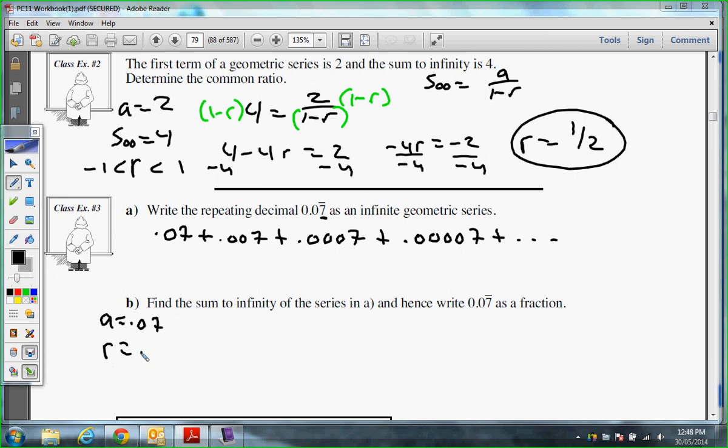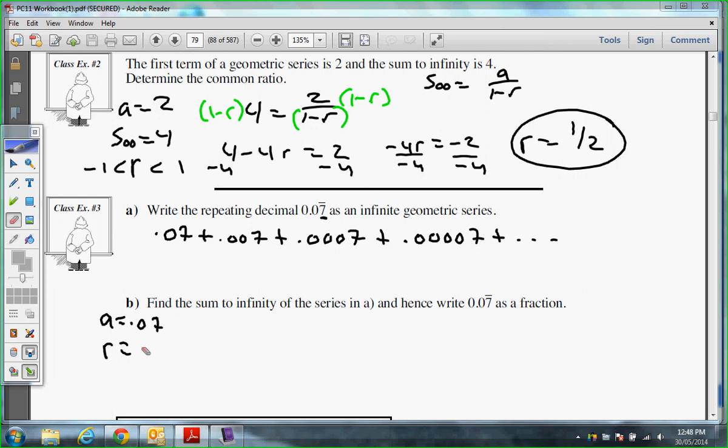How can we find R? How do we find R on a geometric series if we don't know R but we have the sequence? In arithmetic, we can subtract the previous terms. For geometrics, it's multiplication, so we can what? Divide. Good.